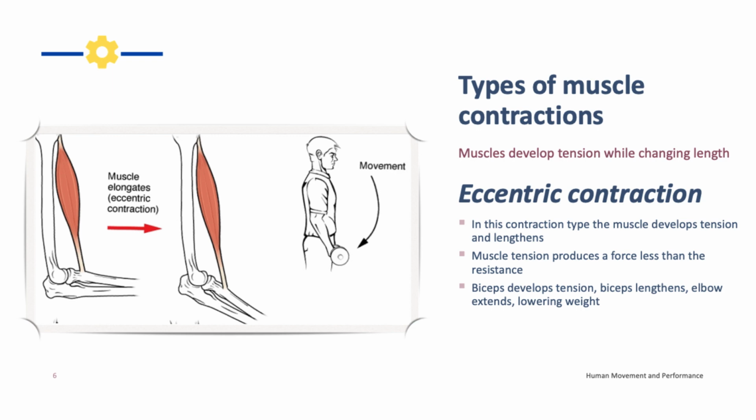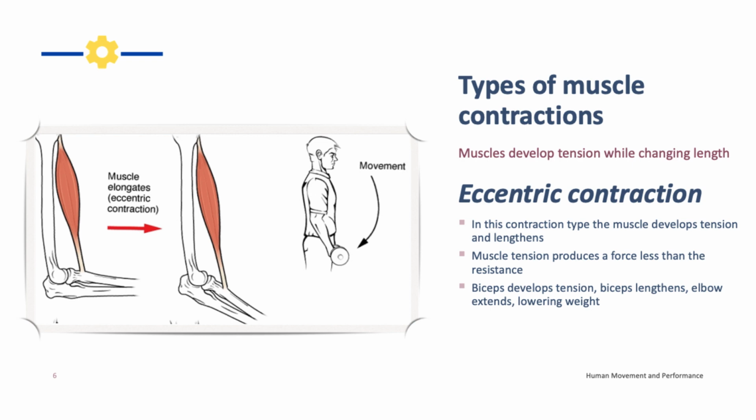It's still developing tension, but it's developing tension that's lower than the force of the weight and the force of gravity on the arm. So it allows for a slow, controlled extension of the elbow. And that's an eccentric contraction. When a muscle develops tension but lengthens, that's an eccentric contraction.